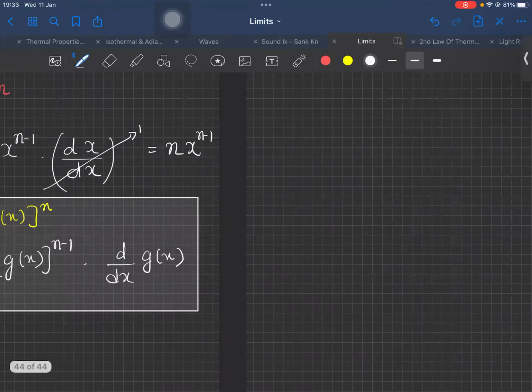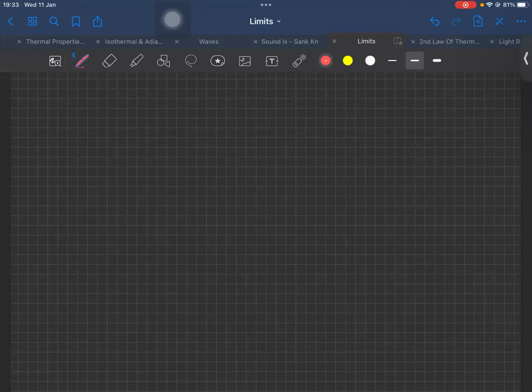Let's solve one problem. f of x, let's say some function g of x, g is a function of x, is equal to sine of cos x. Solve it.